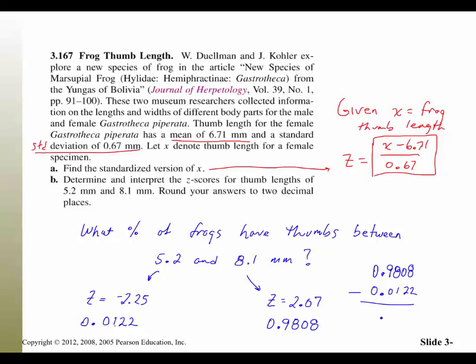Just shout it out if you got it. 0.9686. Questions on that? 96.86% of frogs have a thumb length between 5.2 and 8.1 millimeters.